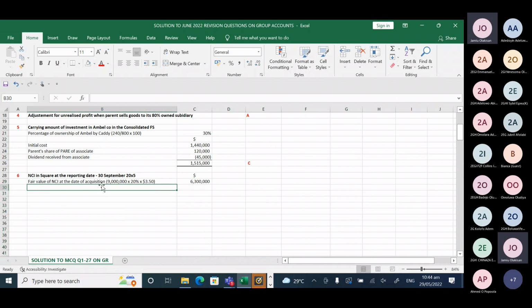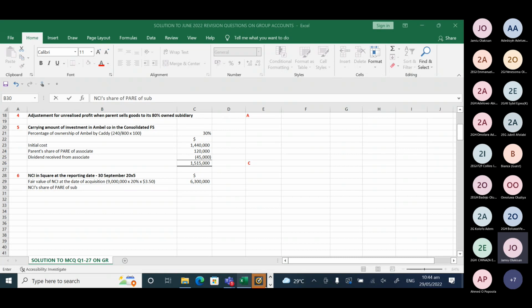Okay. Then the second thing is NCI's share of PARI. We all know the meaning of PARI, post-acquisition retained earnings of the subsidiary, right? Let's now go back to the question.